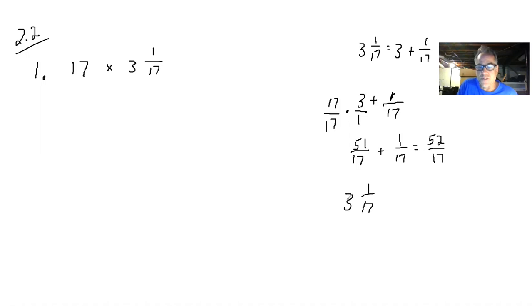Notice I just end up going 17 times 3, which is 51, plus 1 is 52/17. So that's far easier than this. The thing to realize, again, if you have a mixed fraction, is it's this plus this. And to actually do the conversion, it's this times the whole part plus the numerator of the fractional part. And that gives you this improper form here.